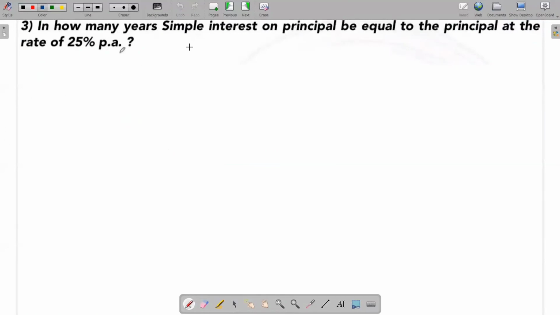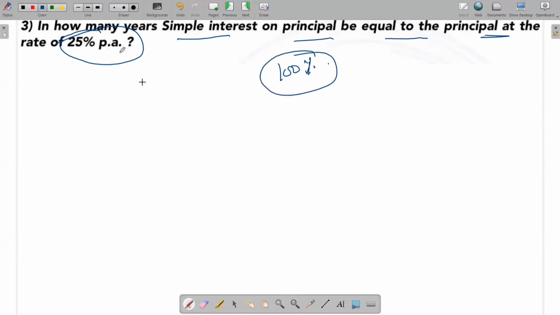In how many years will the simple interest on the principal be equal to the principal at 25% per annum? Everyone give the answer for this question. 4 years. 4 years, good. So simple, we want interest as 100% of the principal. In 1 year it is 25%. In 4 years it will be 100%. So one way, without using a pen, you can think like this.